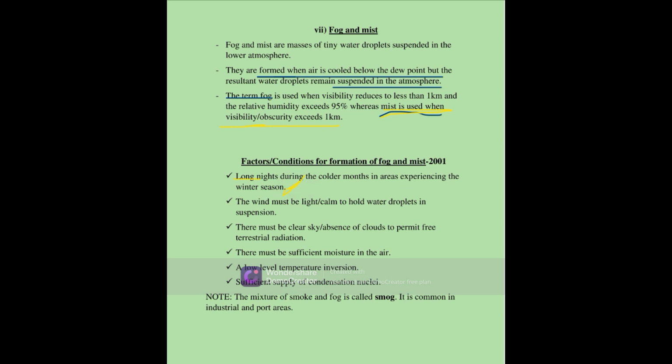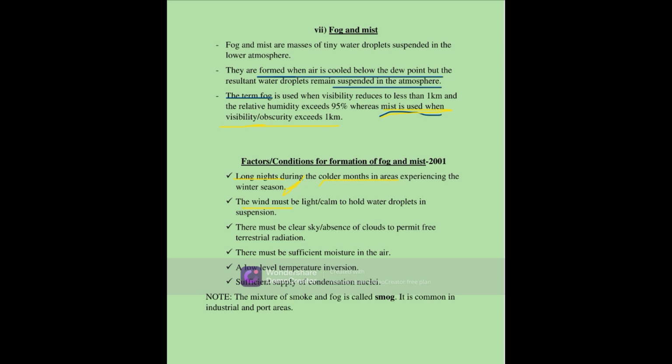Number two, wind must be light or calm to hold water droplets in suspension, because it is formed when air is cooled below dew point and remains suspended near the Earth's surface or in the lower atmosphere. So the wind must be calm.